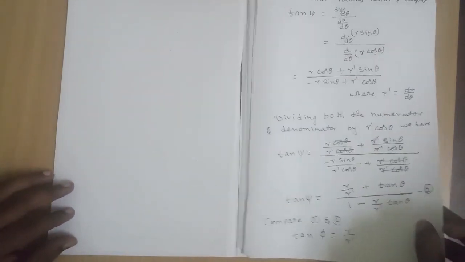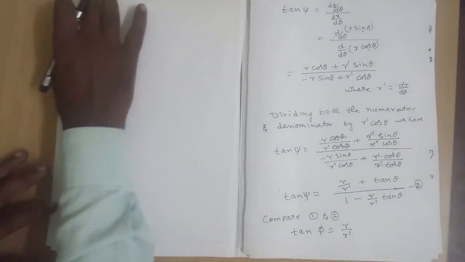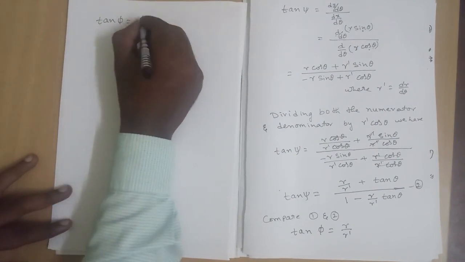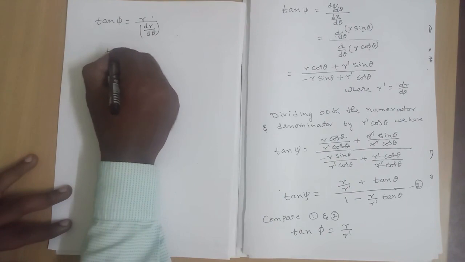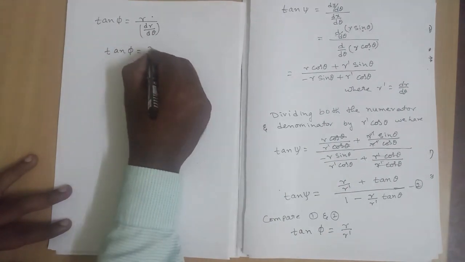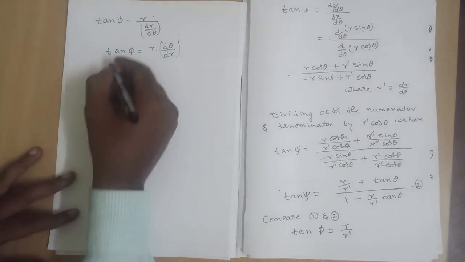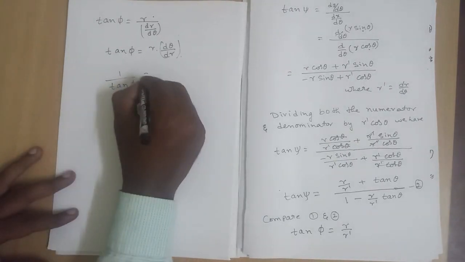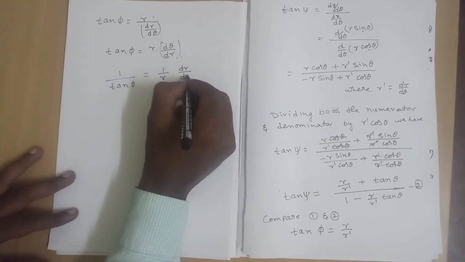Now what is r dash? R dash can be written as dr by d theta, so substitute that. So tan xi equals r divided by dr by d theta. Taking the reciprocal, this can be written as r into d theta by dr. Taking the reciprocal, 1 over tan phi equals 1 by r into dr by d theta.